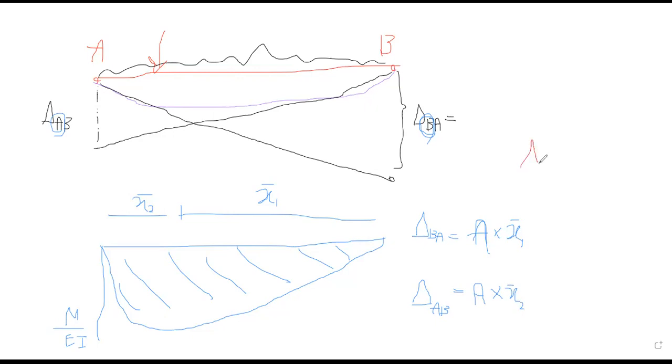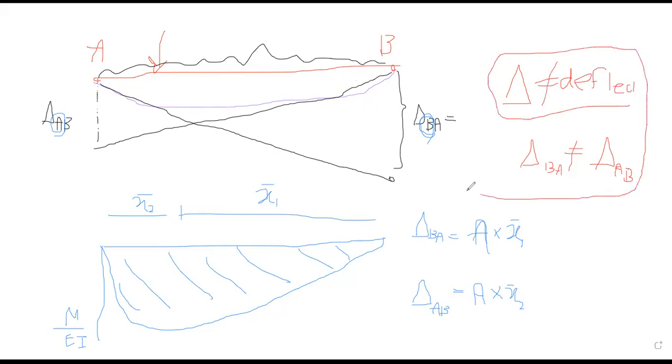Delta BA, the vertical intercept of the tangent at B with respect to the tangent at A, is not equal to the vertical intercept of the tangent at A with respect to the tangent at B. This gives you the vertical distance between two tangents drawn at two points on the elastic curve. Delta is not the deflection.